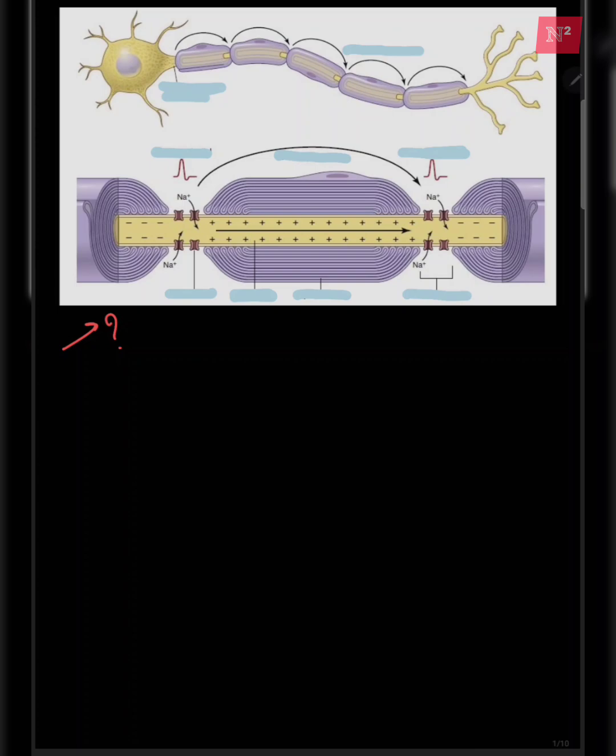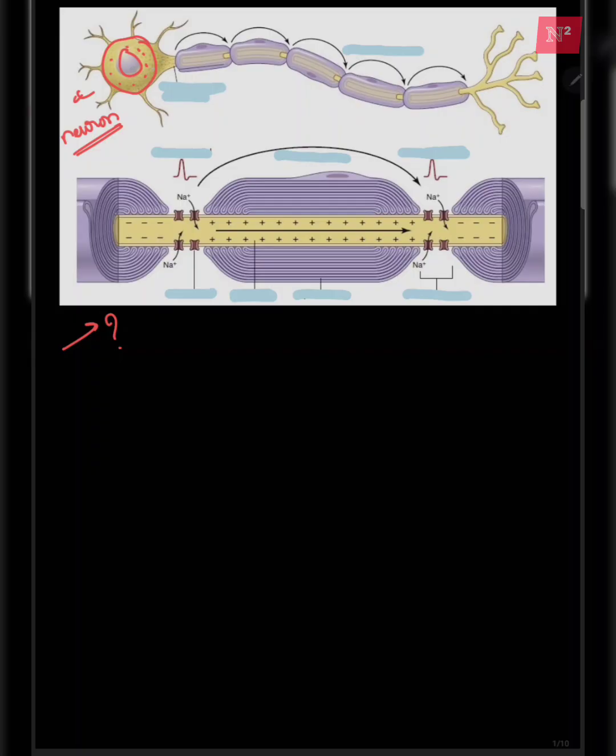Okay, so the structure that you can see over here is a neuron. Okay, it's a neuron, so the functioning unit of a nerve. Okay, so the neuron, you know, this is the cell body, having the nucleus and the cytoplasm or the cytosol.